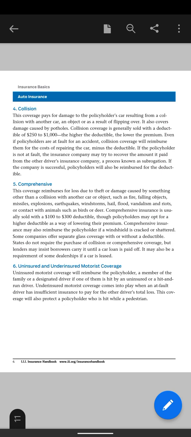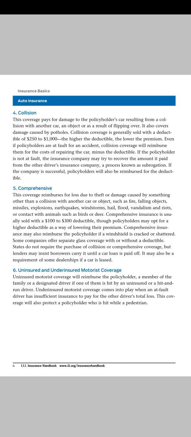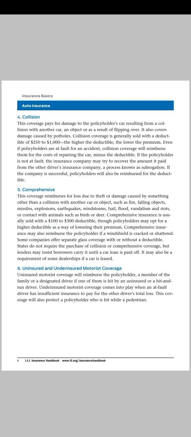Underinsured motorist coverage comes into play when an at-fault driver has insufficient insurance to pay for the other driver's total loss. This coverage will also protect a policyholder who is hit while a pedestrian.